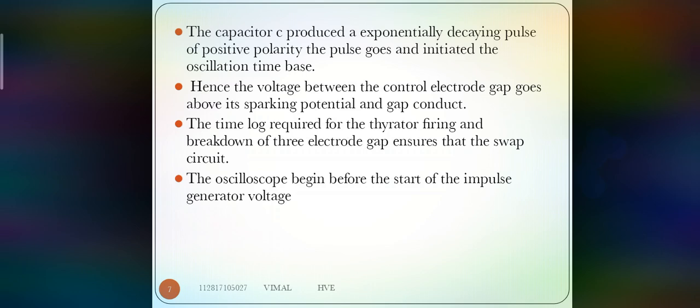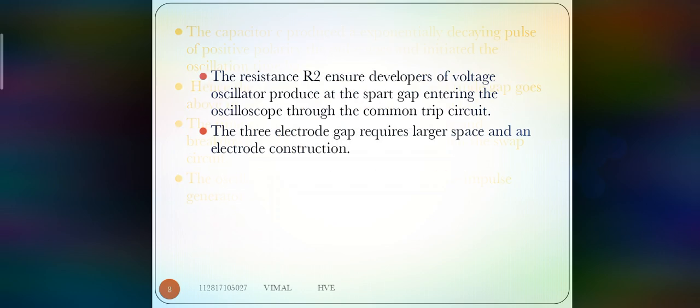The time lag required for firing and breakdown of a three electrode gap ensures that the sweep circuit oscillation begins before starting the impulse generator voltage. The R1 resistor ensures the development of a voltage oscillation produced at the main gap.